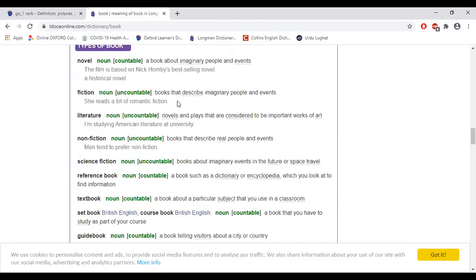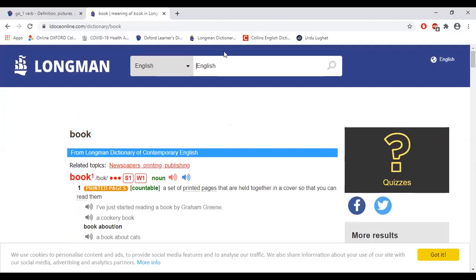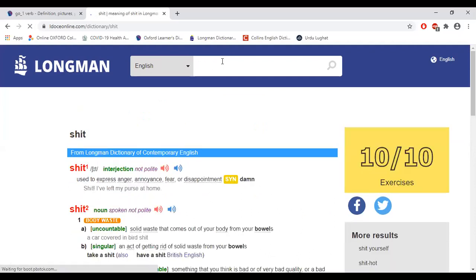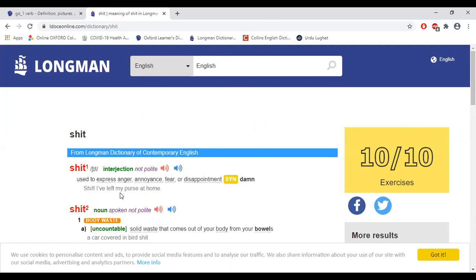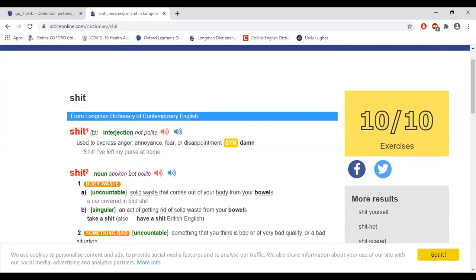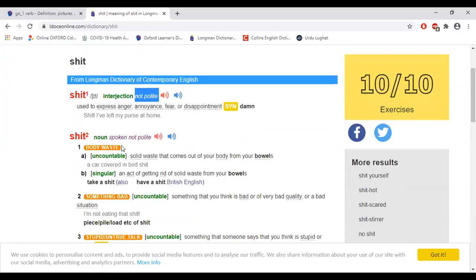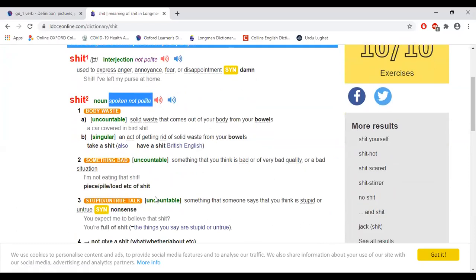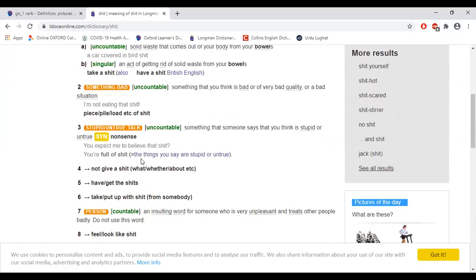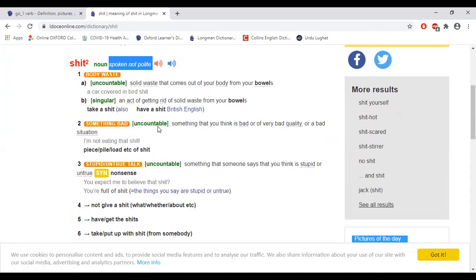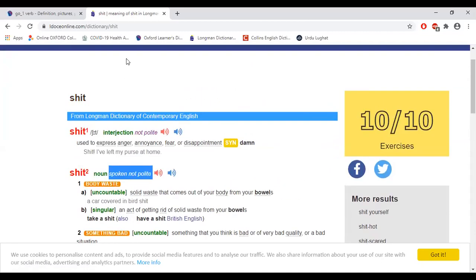For example, there's a word shit. Now you can see over here when I've typed this word in the Longman dictionary, it's shown me here not polite. Not polite, then you can say spoken, not polite, right? You can see over here, this is what we call register. It's telling us that we should not use this word because it's not polite.